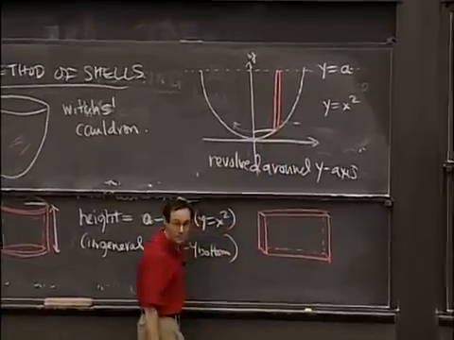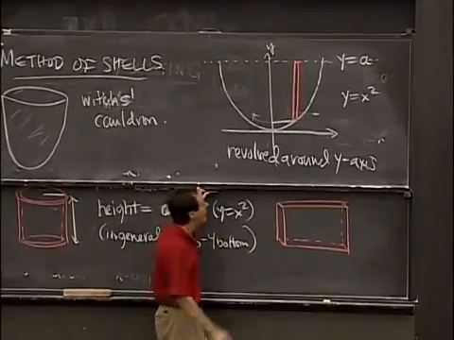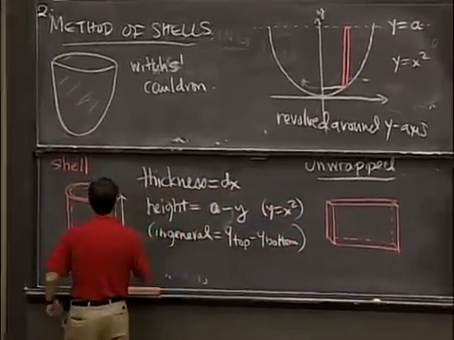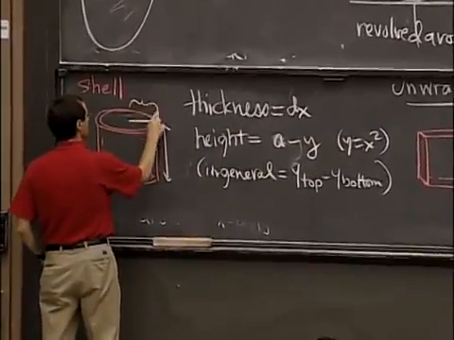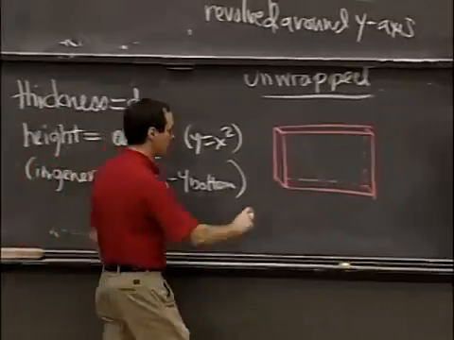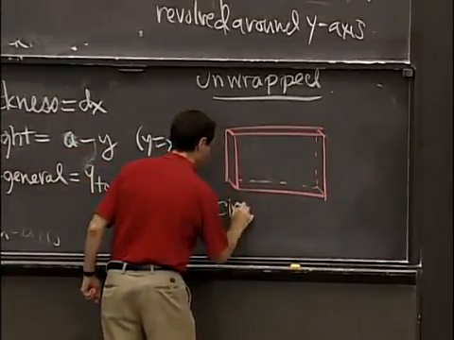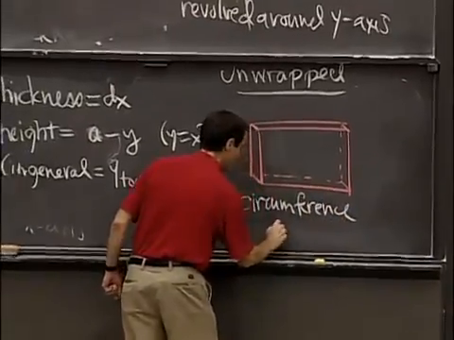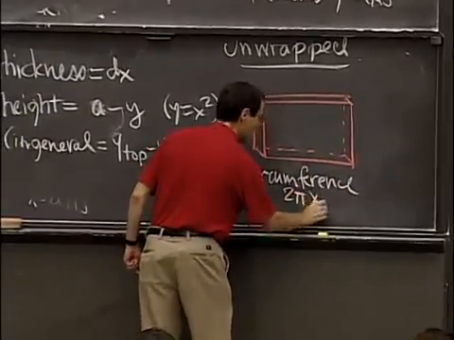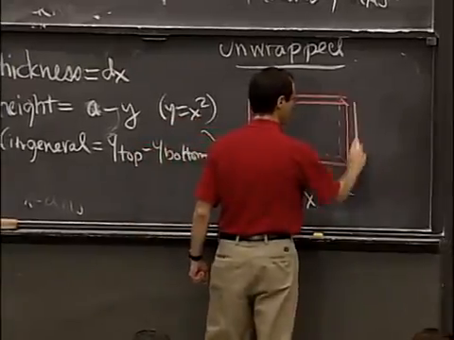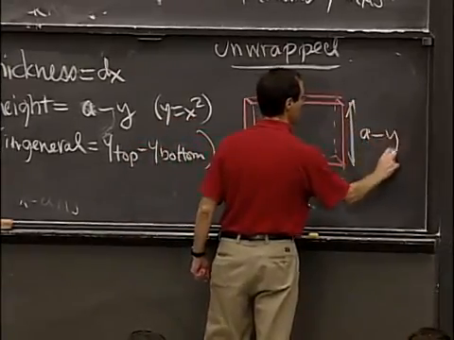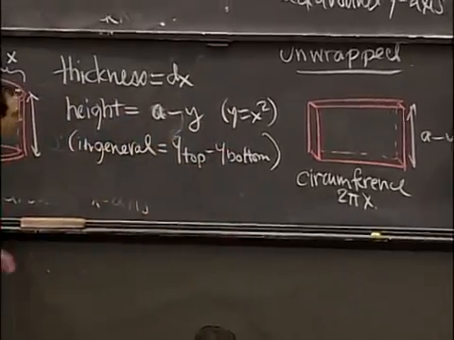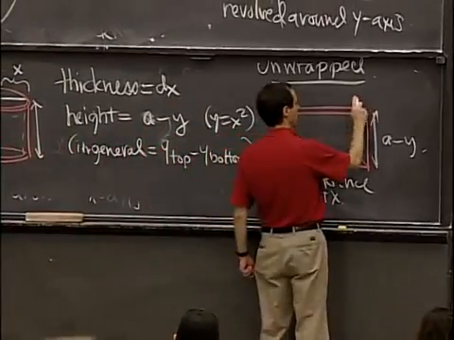This is the radius, and that distance is x. So this circumference is 2 pi x. And this height is still a minus y, and the thickness is still dx.